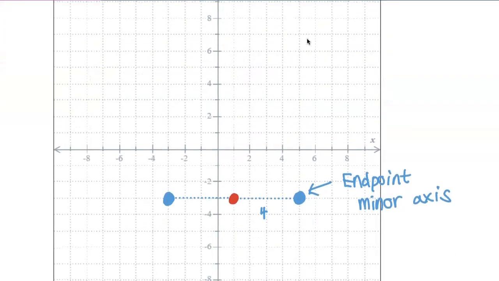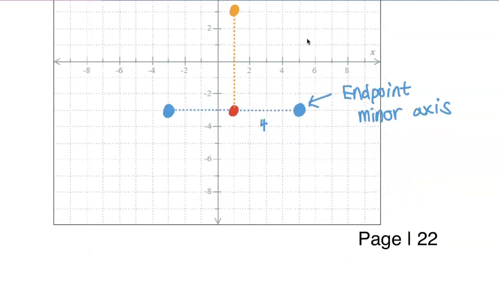So look, I'm going to go back to my ellipse and go up 6. 1, 2, 3, 4, 5, 6. So that's going to be the first endpoint of the major axis. And I need to go down 6 too.